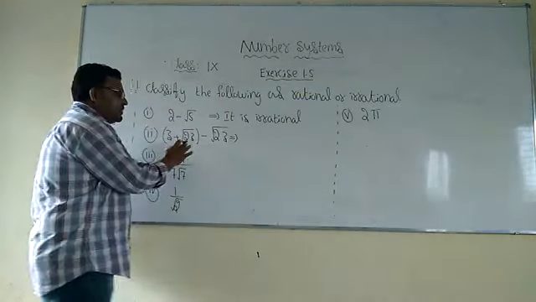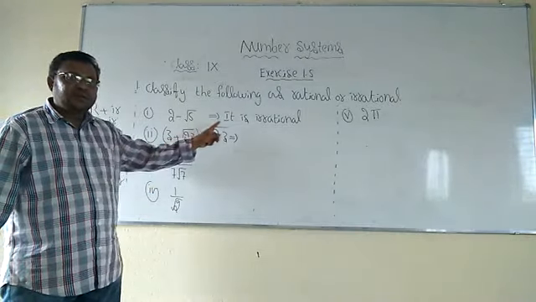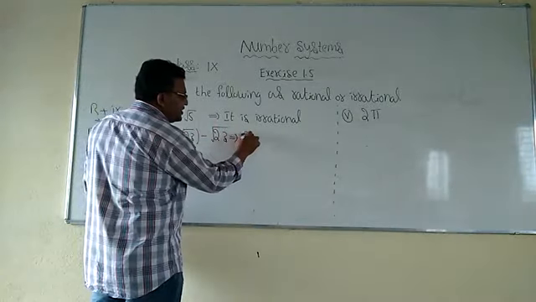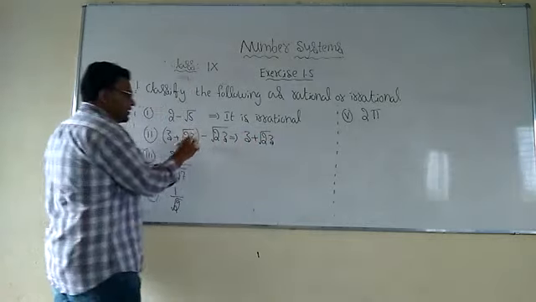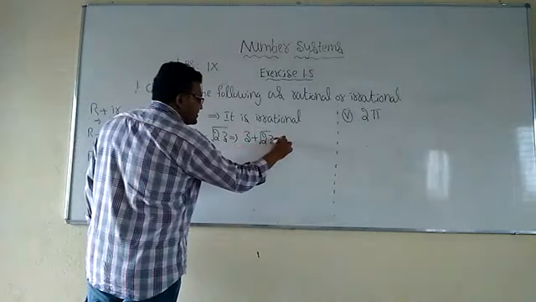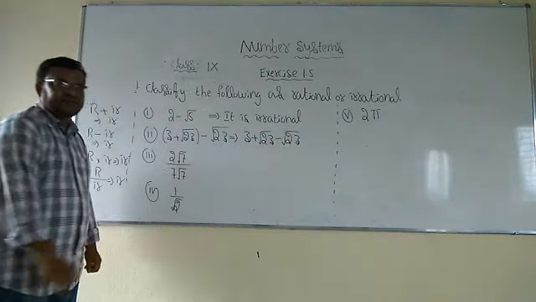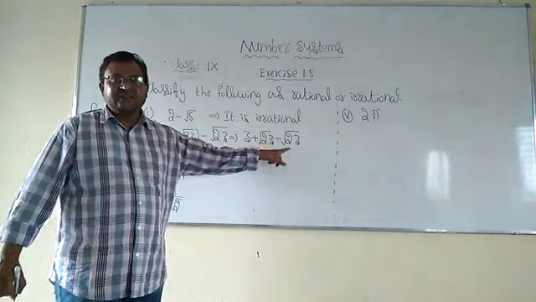here 3 plus root 23 minus root 23 is given. First of all, simplify this one, then see what the answer will be. 3 plus root 23, remove the given bracket, minus root 23 as it is. Now see, plus root 23 and minus root 23 will get cancelled here.